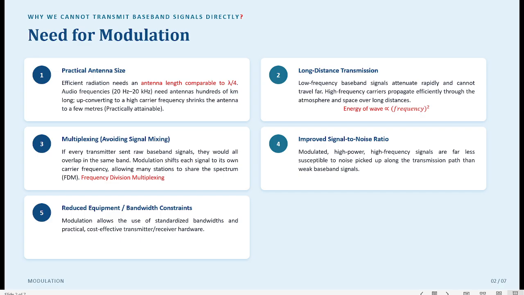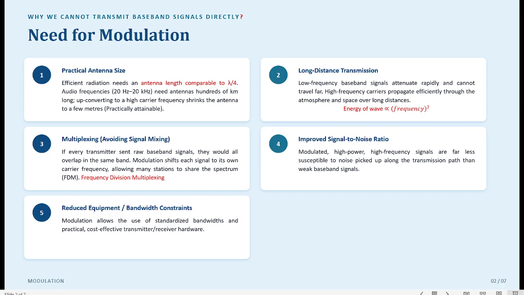So for audio frequencies it will come out to kilometers. To set up an antenna of such a great height is practically almost impossible. That is why we do not directly transmit audio frequencies or the message signal into space.